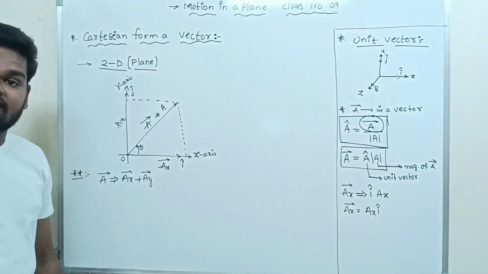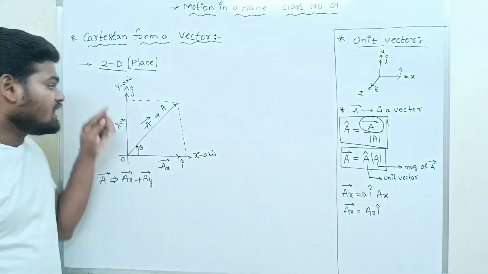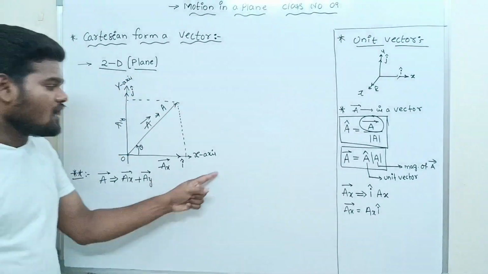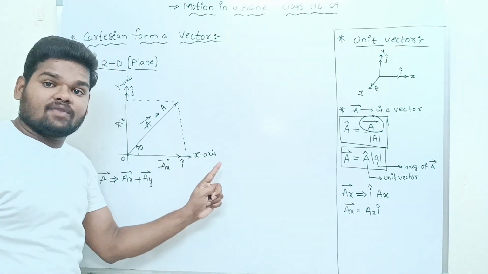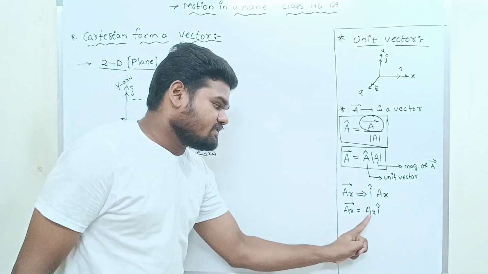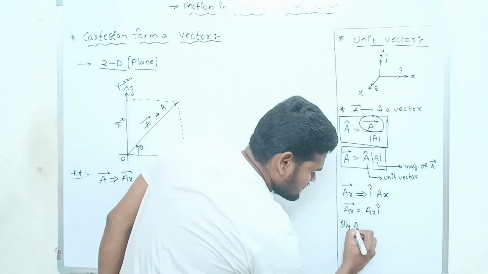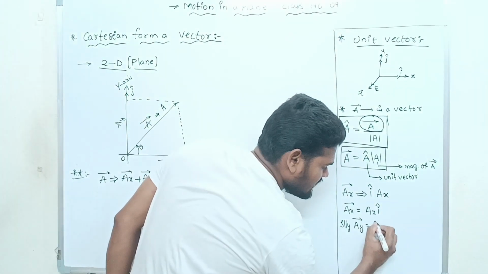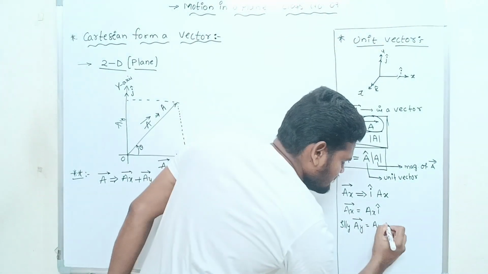Ax bar is equal to ax i cap. So ax bar is nothing but the projection of a bar vector on the x-axis. Similarly, if you want to write ay bar, ay acts along the y-axis, and the unit vector is j cap.